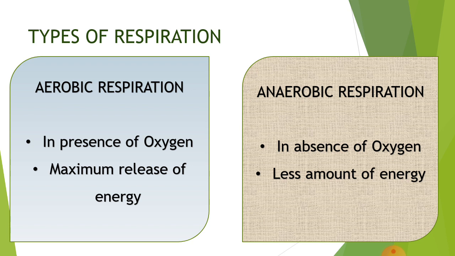Glucose is completely broken down to give us energy. Whereas anaerobic respiration occurs in the absence of oxygen, and it gives us a smaller amount of energy because glucose is not completely broken down in this process.